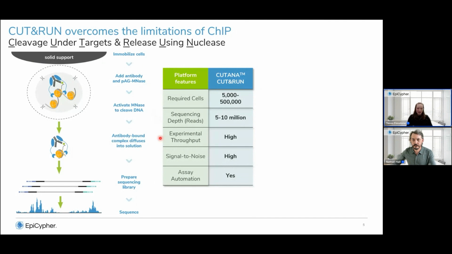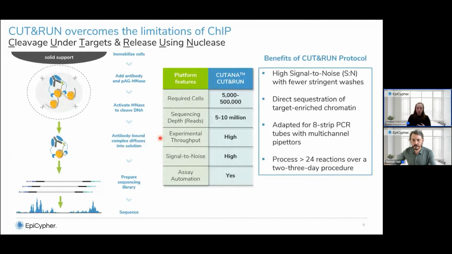CUT&RUN has a high signal-to-noise ratio with few stringent washes, and this results from the direct sequestration of target-enriched chromatin. To further increase experimental throughput, CUT&RUN has been adapted for use in 8-strip PCR tubes. This enables streamlined processing, meaning the user can easily process over 24 reactions in a given experiment, and this increases experimental reproducibility with the use of multi-channel pipettes. Now, let's take a side-by-side look at how CUT&RUN compares.